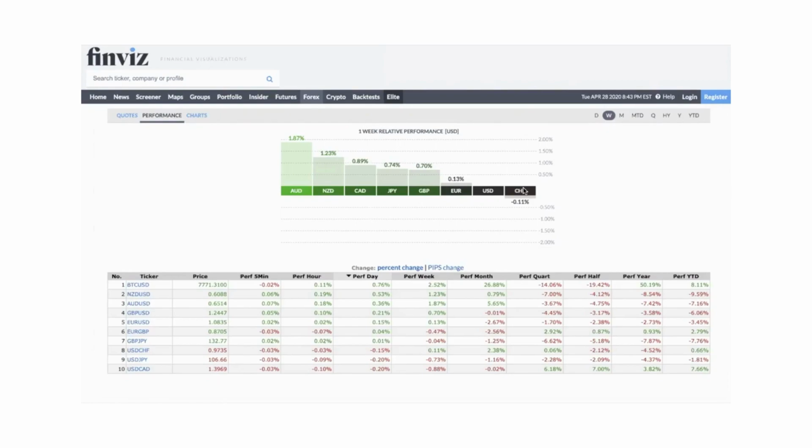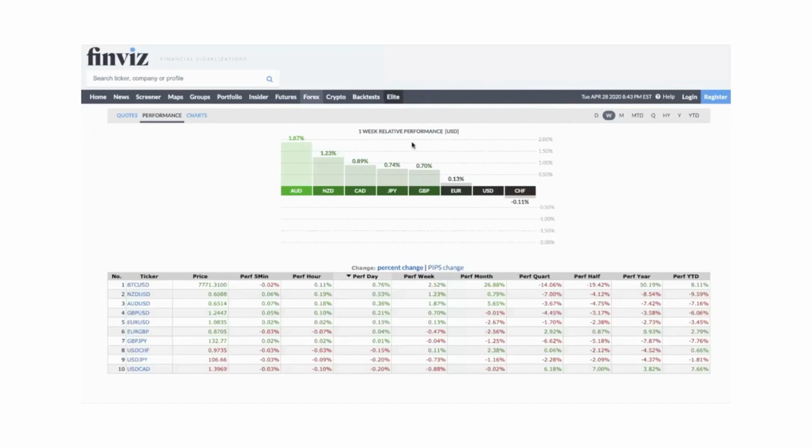This week, euro dollar and dollar franc have been consolidating. After consolidation comes a nice breakout, and I want to catch a nice breakout before it happens. I want to know when a breakout is going to happen. So next week I will focus on euro dollar, and I'll look for breakout opportunities in euro dollar or dollar franc. That's how you can use it.